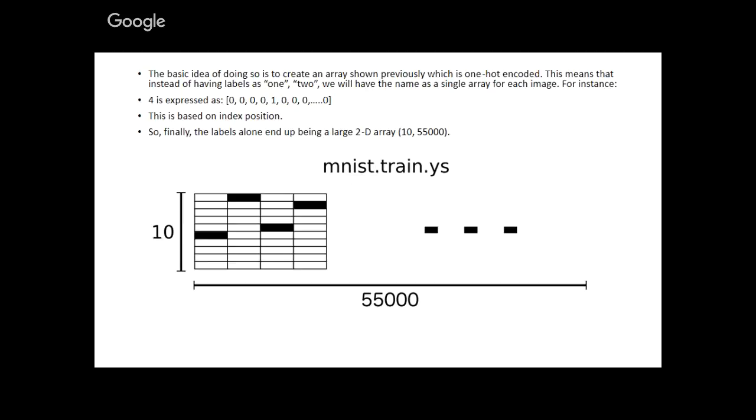Now the 1 is placed in the index position which corresponds to the number. As you can see, for 4, it's 0, 1, 2, 3, so in the fourth position 1 is there, so it's a 4. This is how we name each data. So now, after using one-hot encoding, finally we end up with something like this: 55,000 by 10. The 10 is the digits 0 to 9, and we can see the one-hot encoding with respect to the index position.